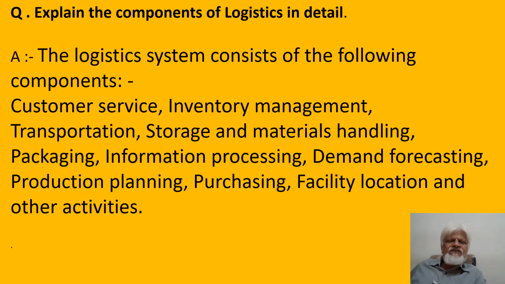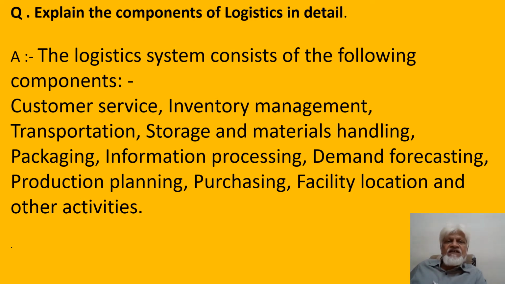Next is the inventory management. Inventory is nothing but the goods which are required for the manufacturing process. The role of transportation, movement of goods, procurement of raw materials, then having a supply chain management, choosing a modal transportation system plays an important role.